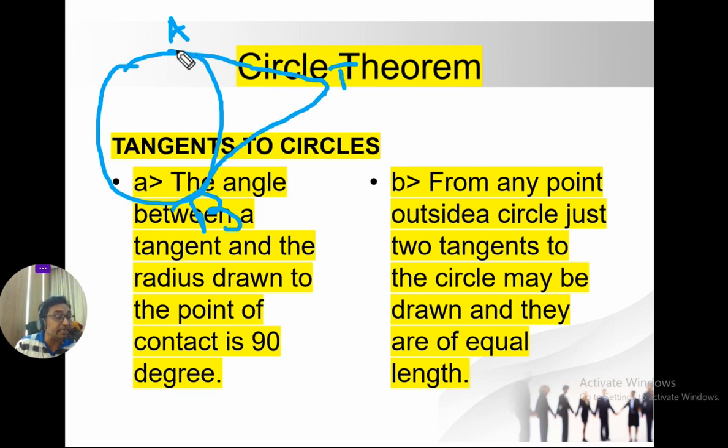This is one point of contact, that is A, and it is at B. From any point outside the circle we can draw two tangents and they are of equal length. So AT is equal to BT. And यहाँ पे one more thing क्या है कि ये रेडियस सेंटर से अगर हम पॉइंट ऑफ कांटेक्ट, दैट मींस द टेंजेंट का जो पॉइंट ऑफ कांटेक्ट है, एट दैट पॉइंट इफ वी ड्रॉ द रेडियस देन दिस एंगल इज 90 डिग्री. क्लियर?